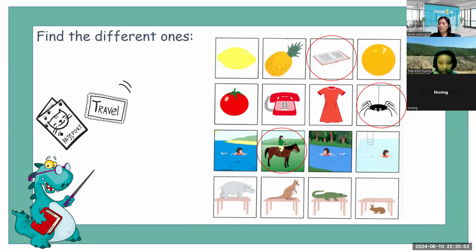Tony, which one do you think is different? That is picture 4. Why do you think picture 4 is different?